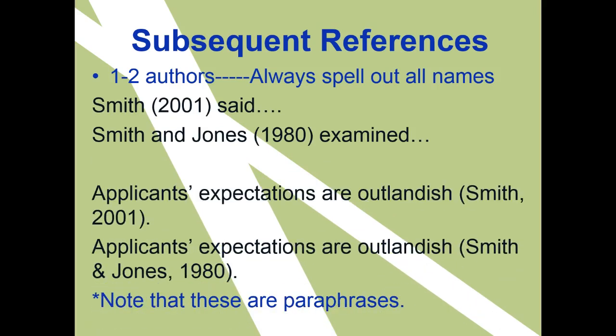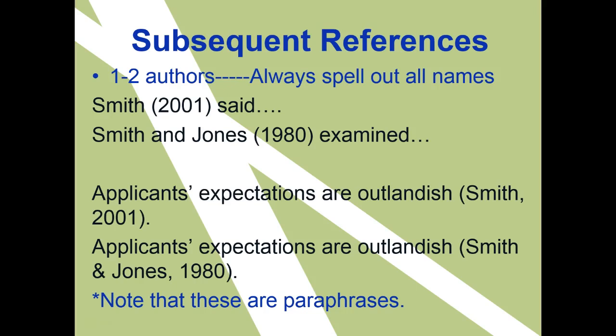Now, let's talk about the way we engage in in-text quoting. Whenever your source has one author or two authors, okay, you always cite all of the authors. So to give you an example here, if we were using the names of our authors in the narrative, Smith 2001 said something, blah, blah, blah.